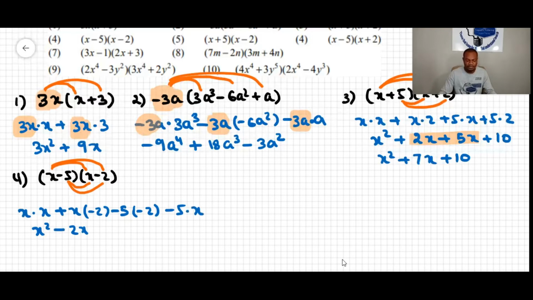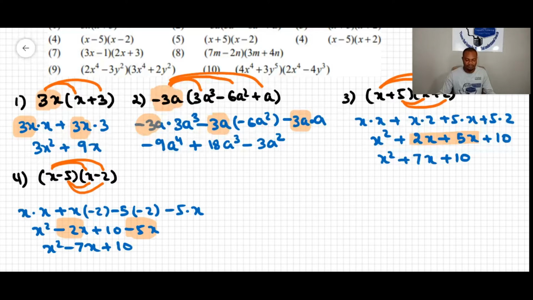So x times x is here, x times -2 is there, and then -5 times -2 is there, and then -5 times x is also there. Now this will be -2x plus 10, and then -5x. So we can combine like terms because we have -5 and -2. So this will be x squared minus 7x plus 10. This becomes positive 10 because negative and negative here will make positive.